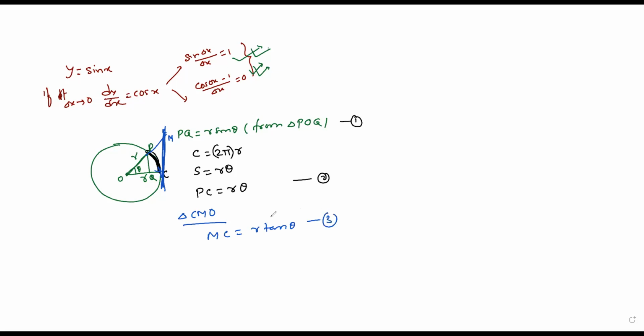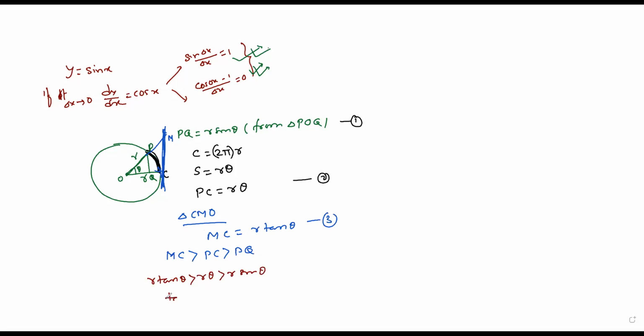So from your graphical view only, you can say that MC is greater than PC is greater than PQ, right? So if we put the values of MC, PC and PQ, we can write r tan theta is greater than r theta is greater than r sin theta.